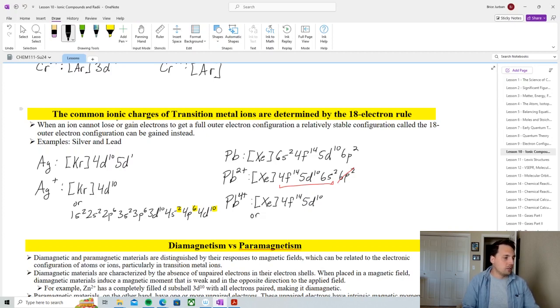For this one, I'm going to also write out the long form so you can clearly see the 18 electron rule.